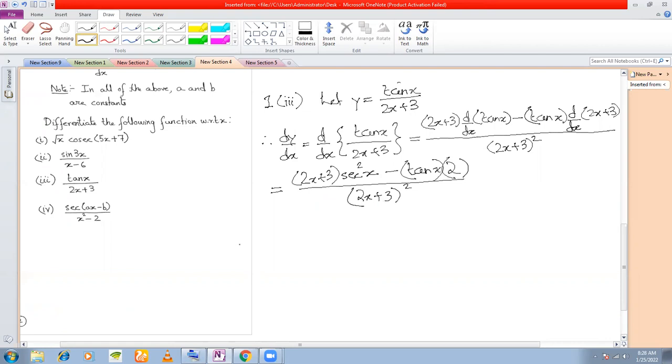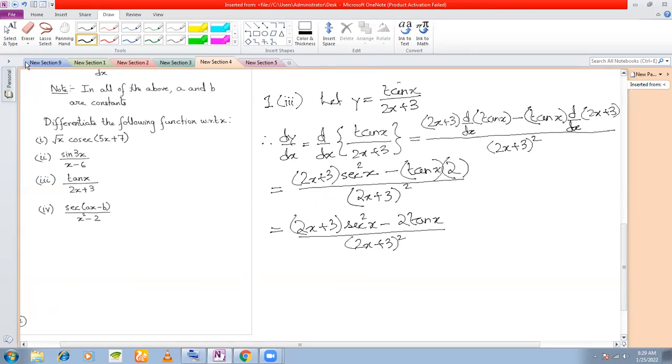And that should give you your answer. Just write this in a proper manner. 2x plus 3 sec square x minus 2 tan x divided by 2x plus 3 square, right? That should be your answer.